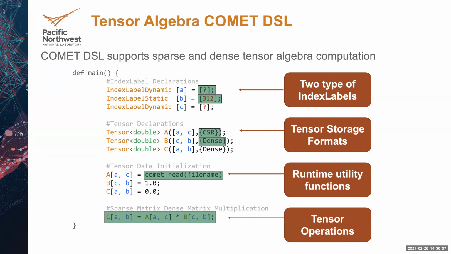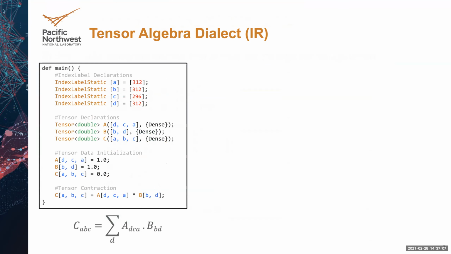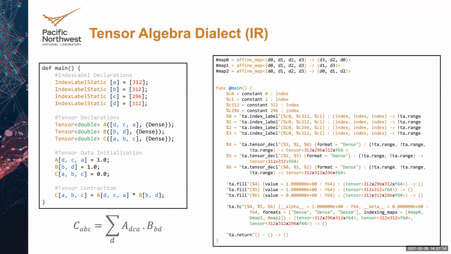And finally, this is how the user programmer sees how they can use Einstein notation to express their tensor operations. By looking at this DSL, the first thing is that we lower our code to our tensor algebra dialect. There is almost a one-to-one mapping between the language and the tensor algebra dialect.